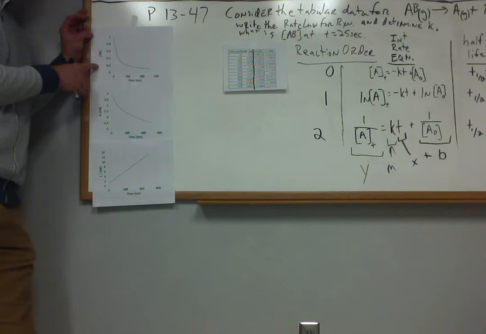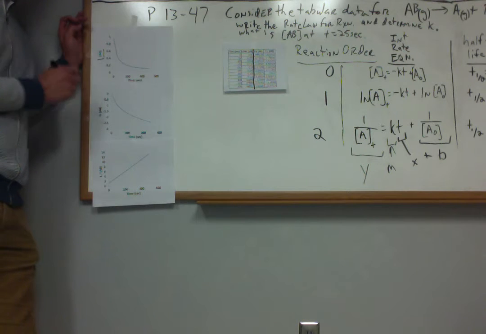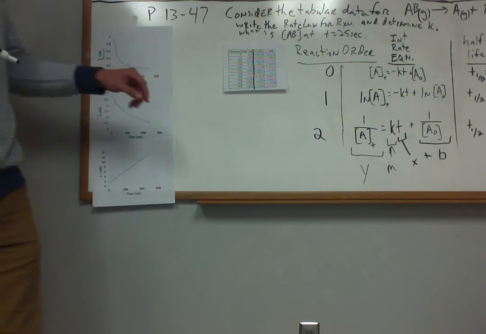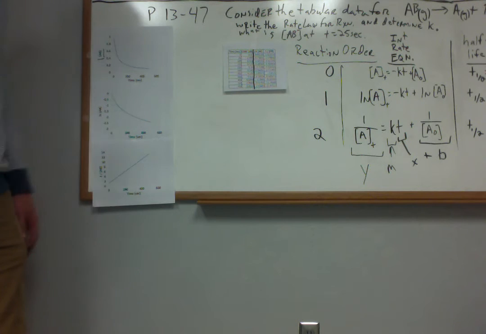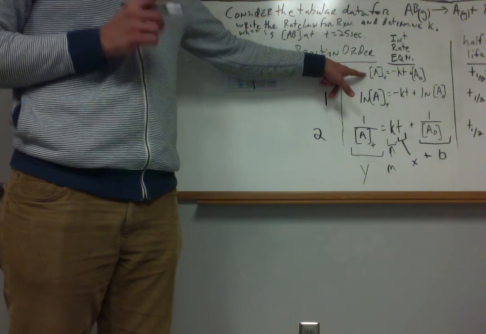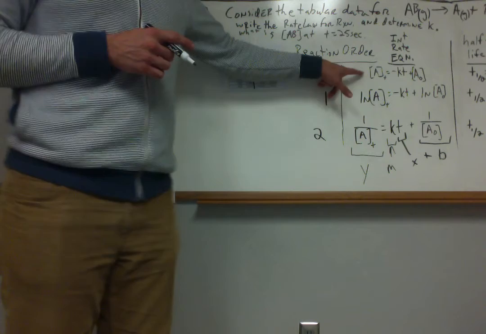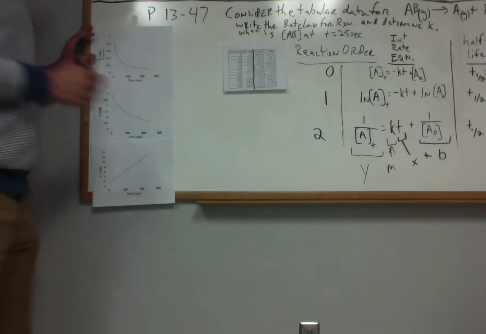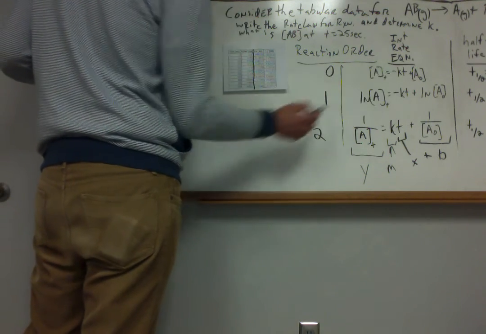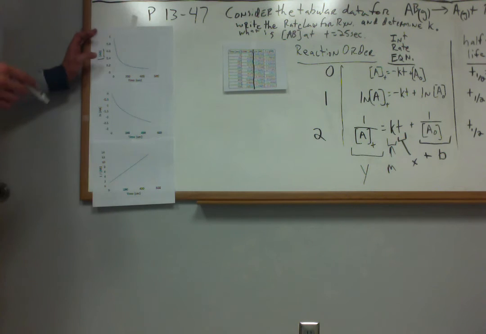Now the first one up here, this is a plot of the concentration of AB in time. Just the concentration of AB in time, the data that's basically given in the data table in the sample problem. Right? Now why would I go about doing that? Well, if my reaction was zero order in my reactant, I would expect this plot of the concentration in time to be a straight line.